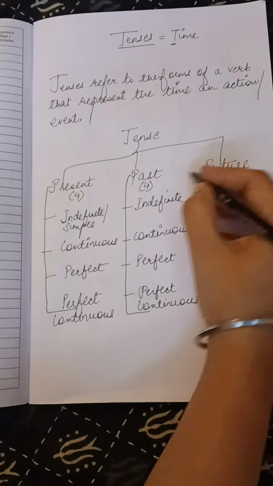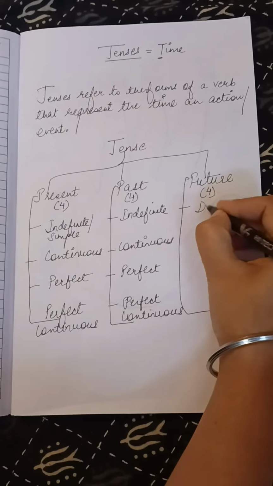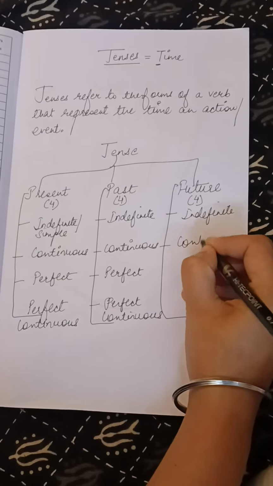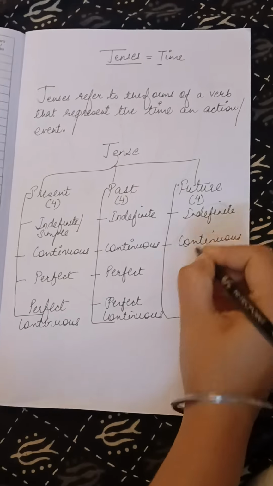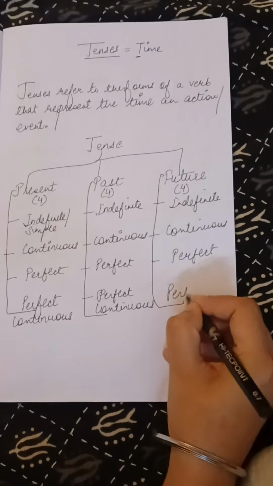Future tense also wanted to copy the other two brothers. So he also said indefinite, continuous, perfect, perfect continuous.